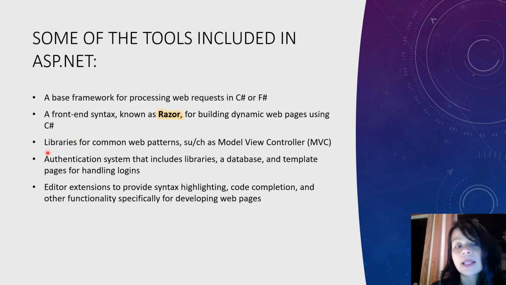You also get libraries for common web patterns such as Model View Controller or MVC, an authentication system that includes libraries, a database, and template pages for handling logins, and editor extensions to provide syntax highlighting, code completion, and other functionality specifically for developing web pages that helps you in your coding.